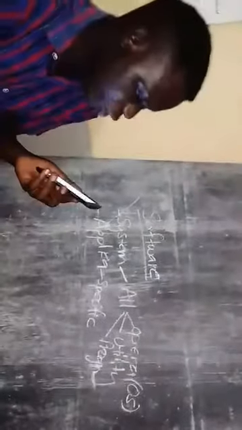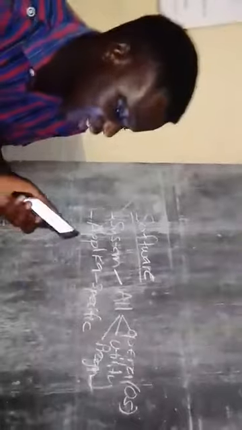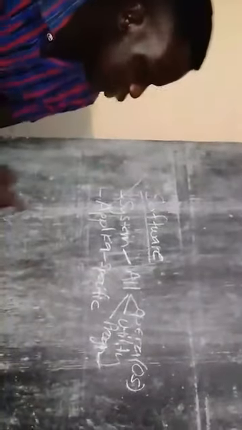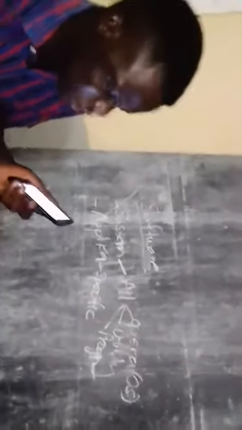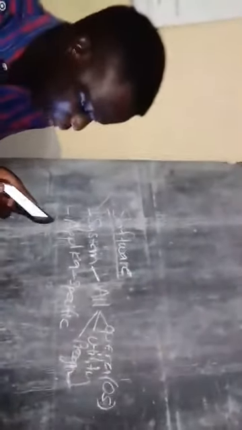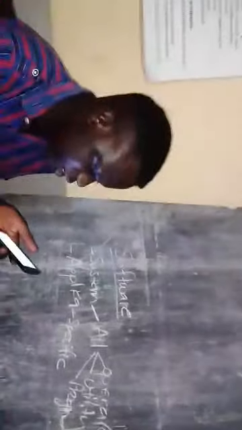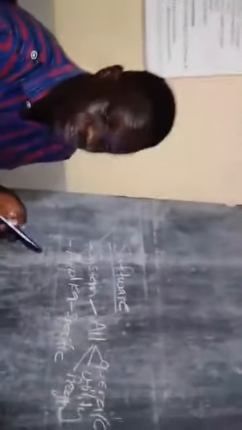The command line interface allows the user to type commands, for example copy. What are some of the advantages of the command line? It takes little time. Disadvantage, it is not user friendly.